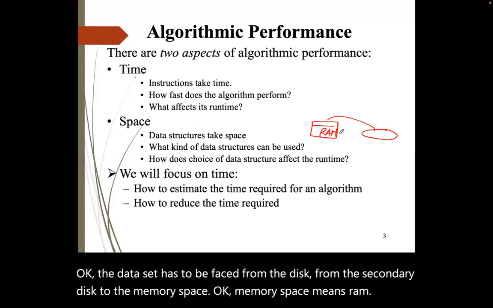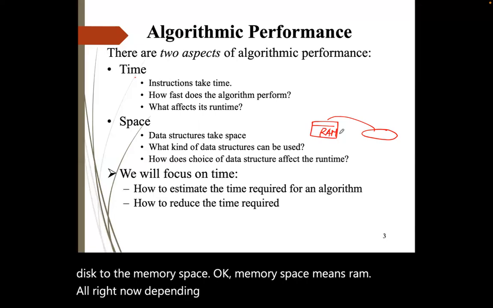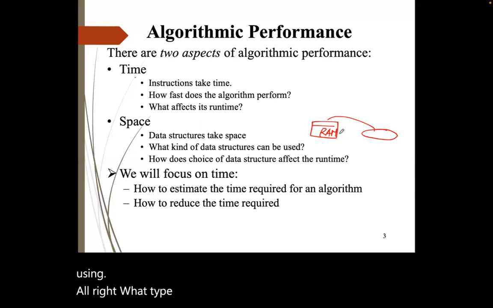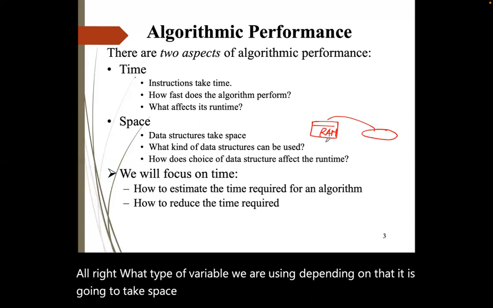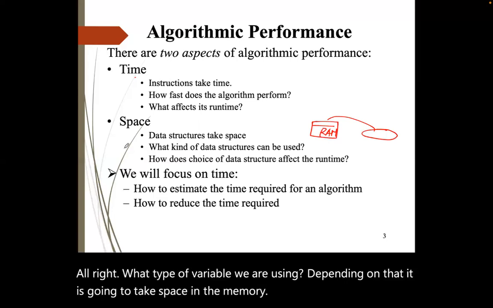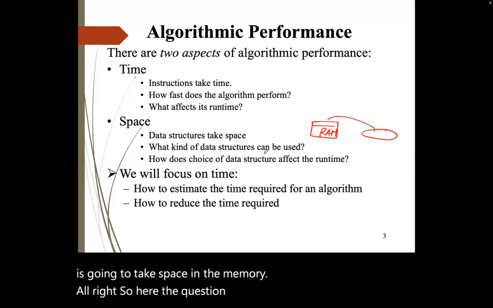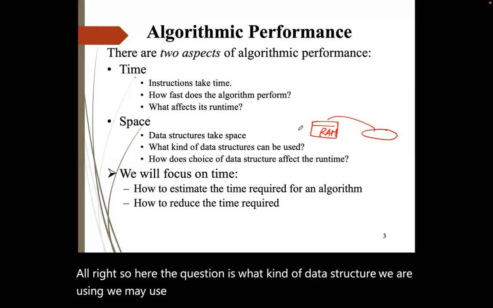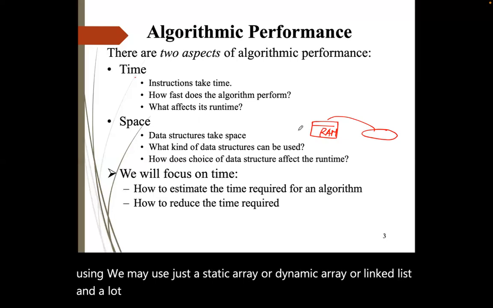Depending on what type of data structure and what type of variable we are using, it is going to take space in the memory. So the question is what kind of data structure we are using. We may use a static array, a dynamic array, or a linked list, and a lot of different data structures we are going to talk about in this course.